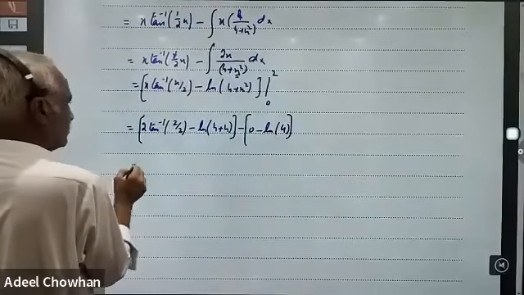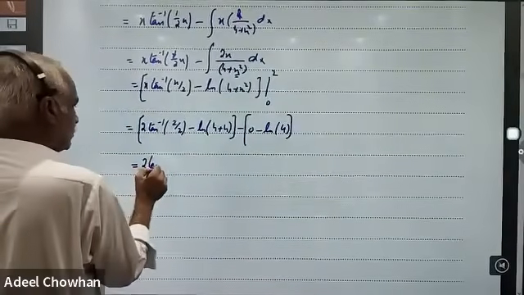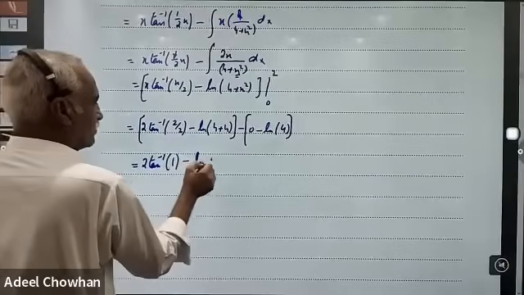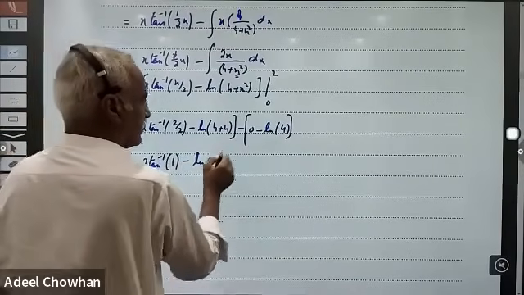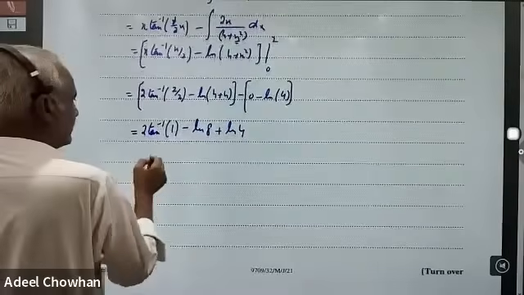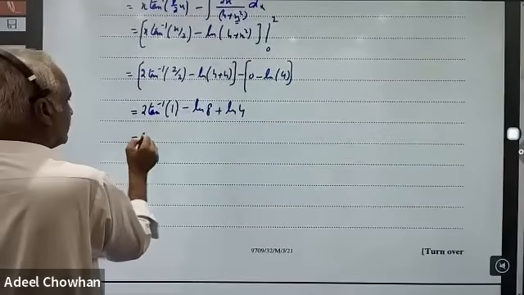So that should be equal to 2 tangent inverse of 1 minus log of 8 minus minus plus log of 4. But tangent inverse of 1 is pi by 4.